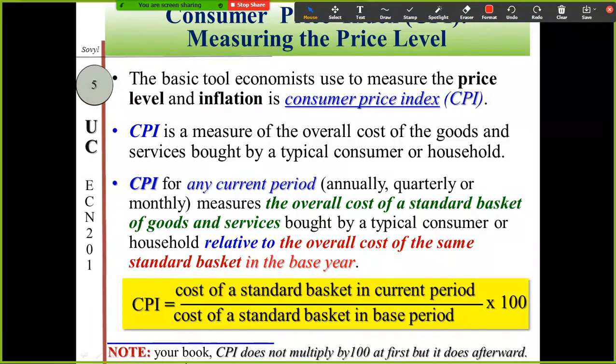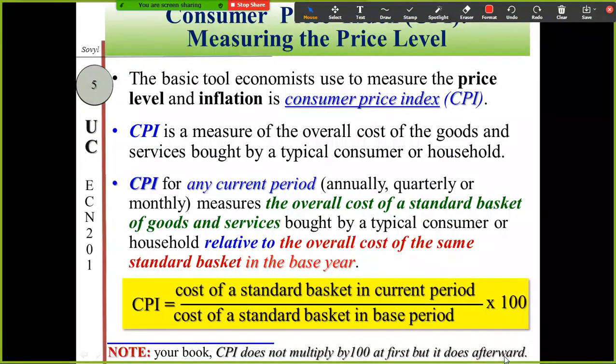Note, in your textbook, CPI is not multiplied by 100 at first. In the beginning, in the first explanation, the author did not multiply by 100, but afterward the author multiplies by 100.